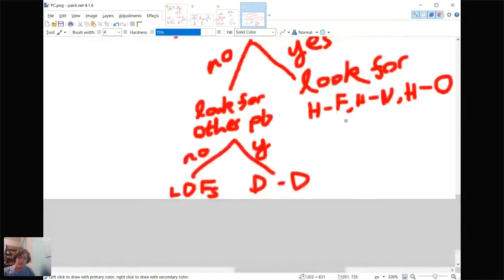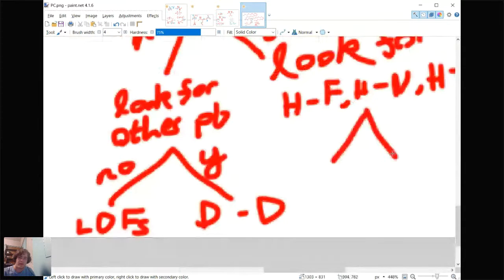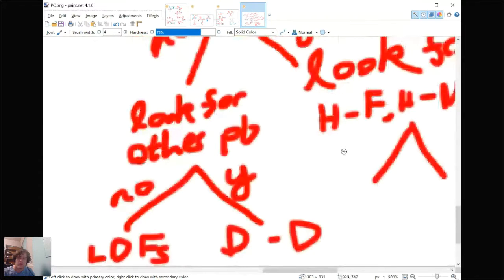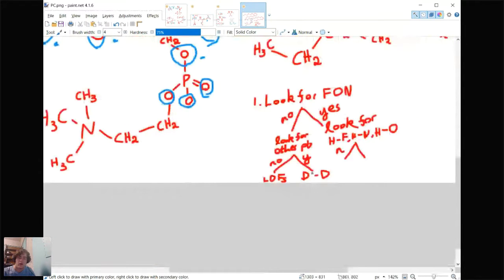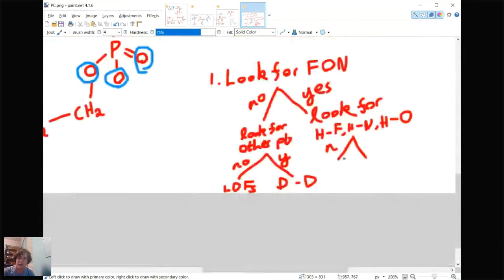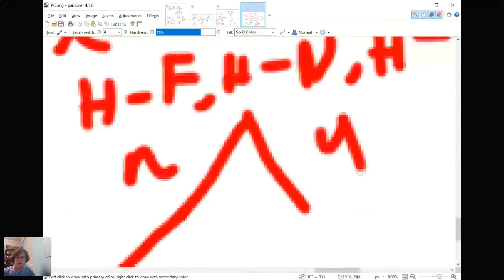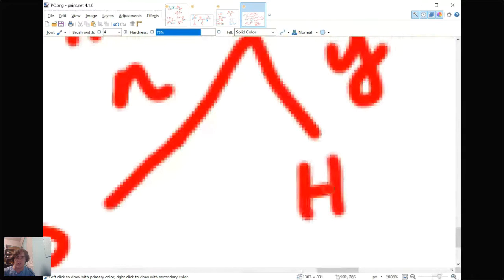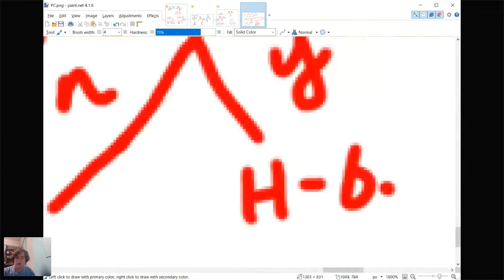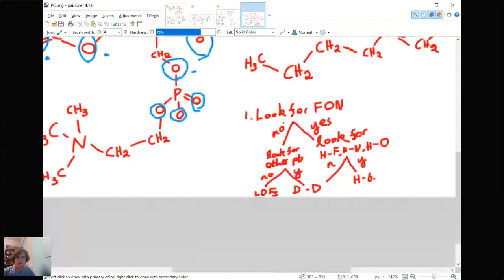So what's the case if there's not any of these? If there are FONs, but there's no HF, HN or HO, yeah, dipole-dipole. So this goes here. And if there are HF, HN or HO, then it's H bonding. So that's pretty much that tree diagram summary there.